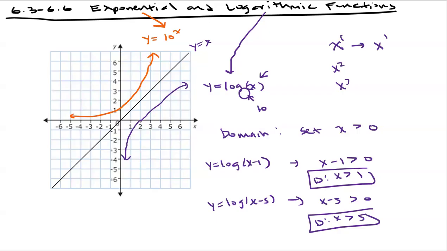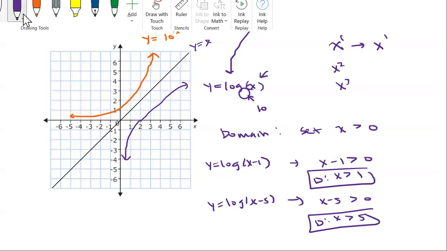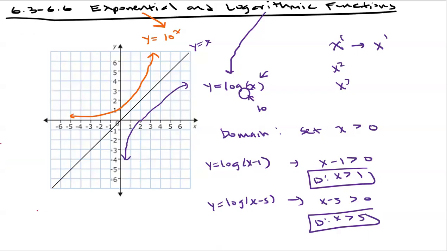So for example, let's say we have y is equal to 2 log of x minus 7 plus 3. Okay, so we have this. It looks complicated, but it's not that bad.